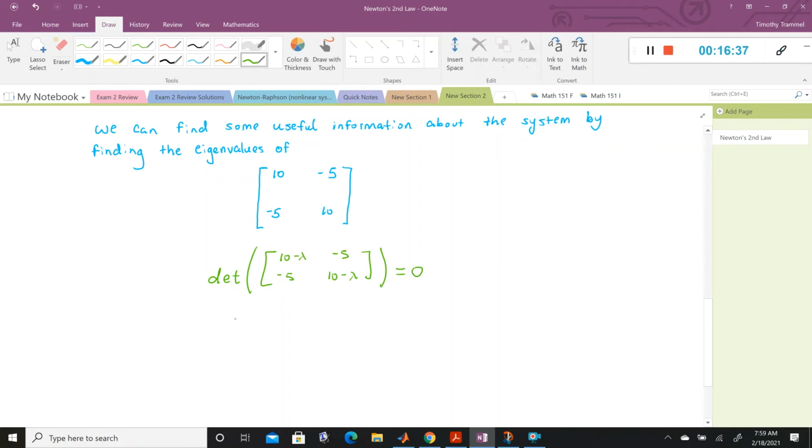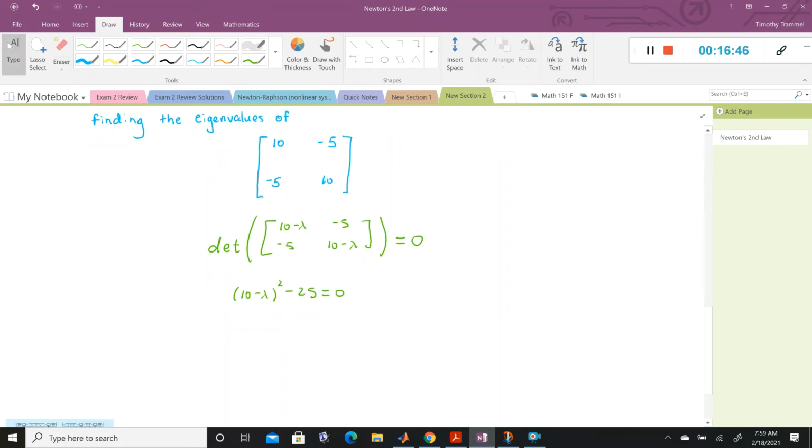So we'd have 10 minus lambda squared minus 25 equals 0. And then if we were to actually try and solve for lambda, we could do this in a couple ways. One is that we could add that 25 to each side, and then from there use the square root property.